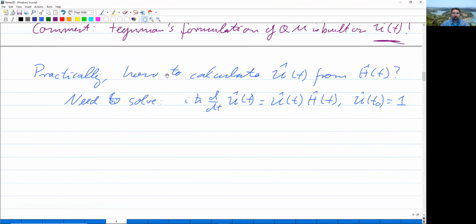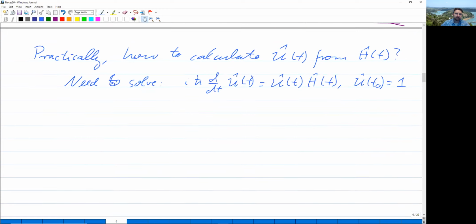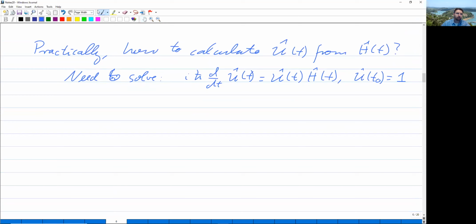How can we do this? Well, there is a simple case and then there is a more complicated case. Let's do the simple case first. Case 1, and case 1 is that H hat is constant. This is a system that is entirely isolated.